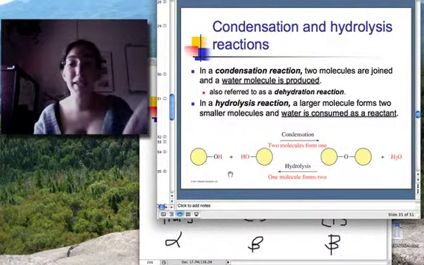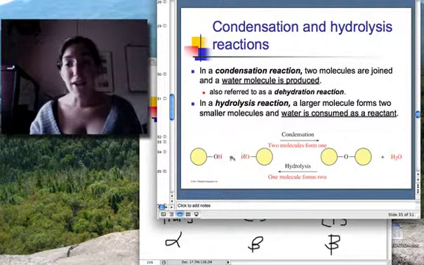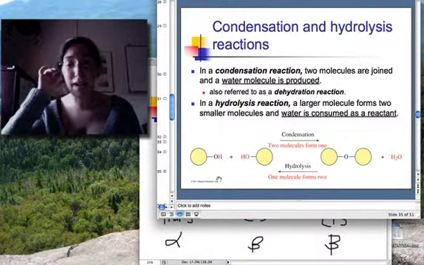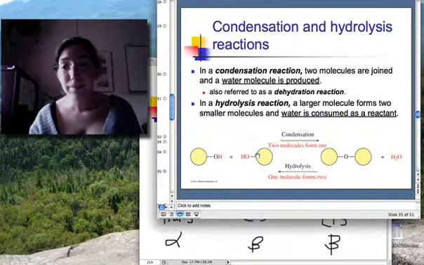So the term hydrolysis means to break water. Okay, so in a condensation reaction, two molecules come together, and as a result, water is formed.